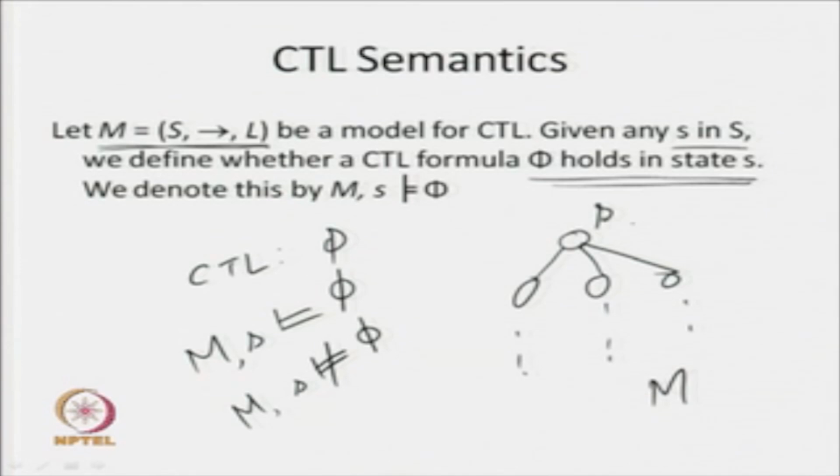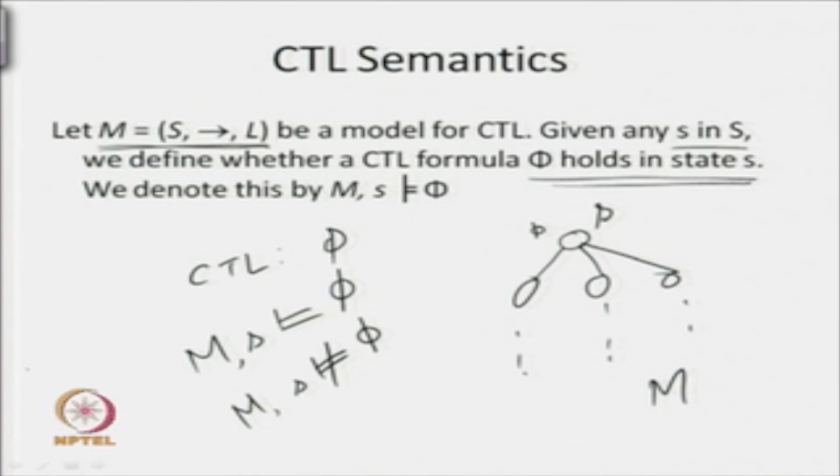So, basically we are going to say that phi holds in a particular state or phi does not hold in a particular state. If phi holds in a particular state, sometimes you can have a label of phi over here, and the meaning of those CTL formulas will be defined on the structure of the CTL formula, because a particular CTL formula may have subformulas also. So, basically inductively we are going to define the meaning on the structure of the CTL formula.